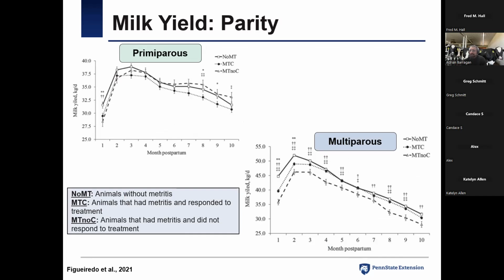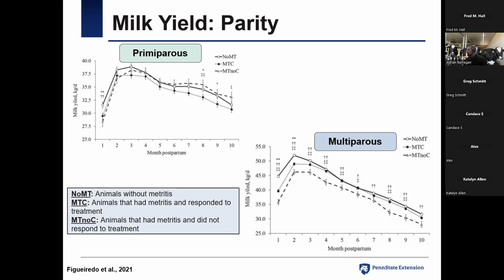They have healthy cows, which are the white squares. And then they have cows that have metritis, and they were treated and cured, right? Which are the black circles. And then they have cows that have metritis but did not respond to the treatment, so they did not cure. And those are the triangles, right?